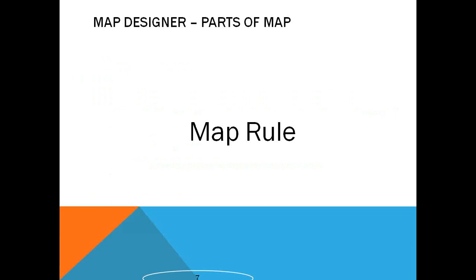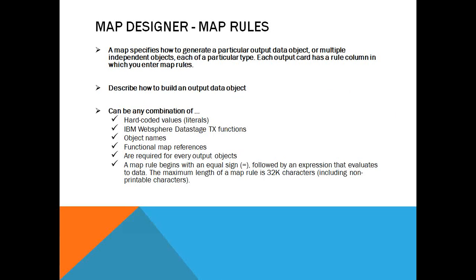So next one is the mapping rule. A map specifies how to generate a particular output data object, or multiple independent objects, each of a particular type. Each output card has a rule column in which you enter the map rules.